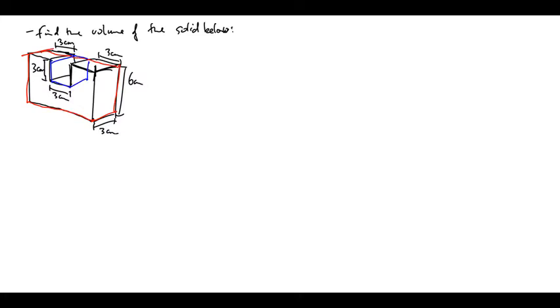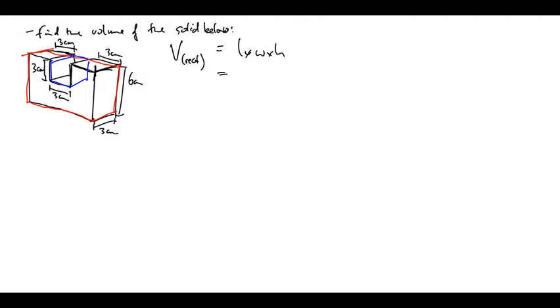Now you can approach it any way you like. I'm just suggesting this way because you just need to find 2 volumes and subtract them from each other, whereas the other way you'd have to do 3. So the volume of a rectangular prism is length times width times height.